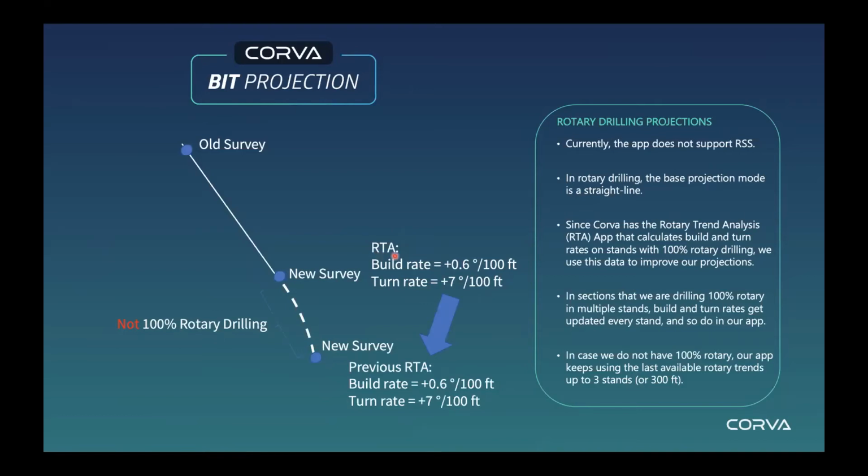We do have some constraints built in. Through extensive research, we found that for anything more than 3 stands or 300 feet, these rotary trend values don't really apply. So anything after that, we'll just use straight line projections.